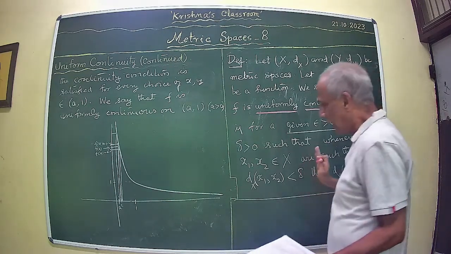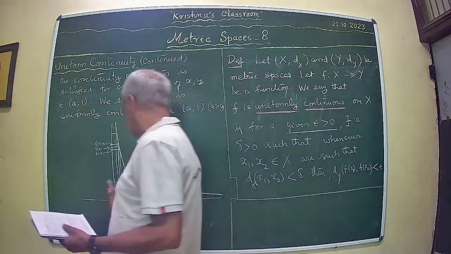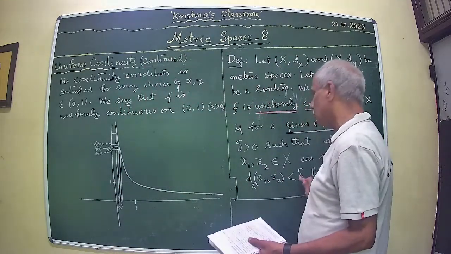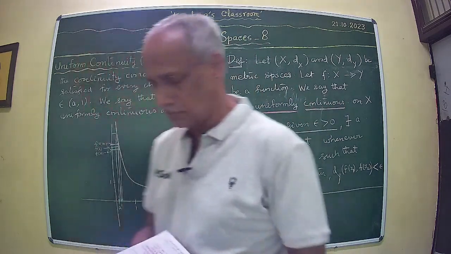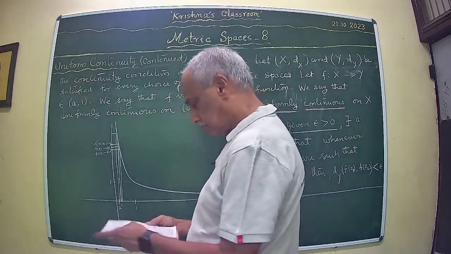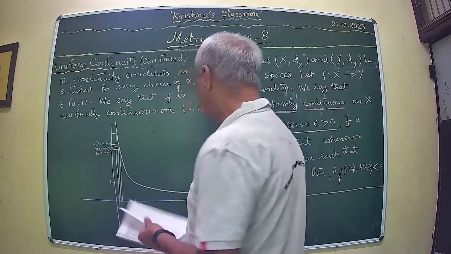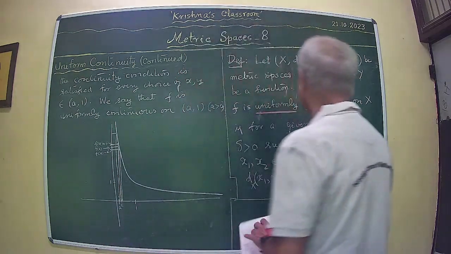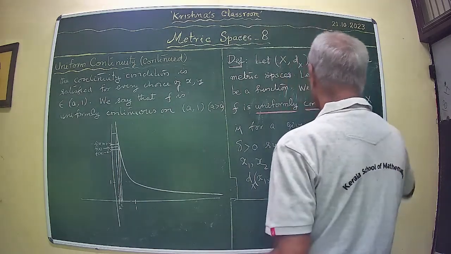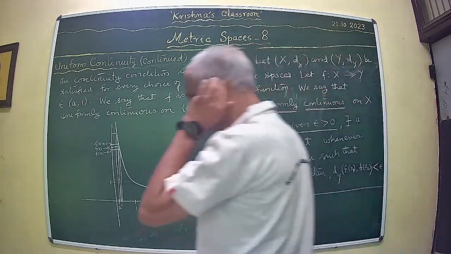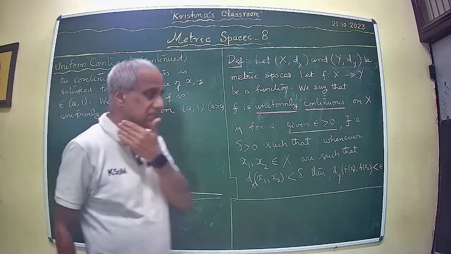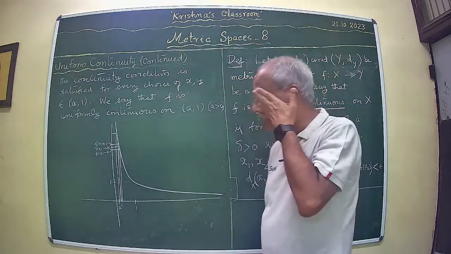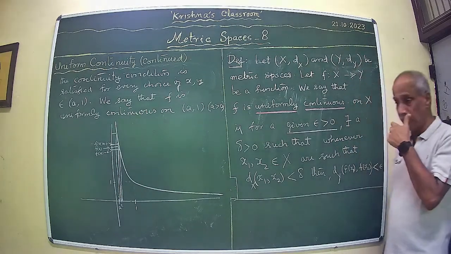And we have seen that as a moves towards 0, this has to be going to 0. That's the problem. So usually to check uniform continuity, what you do is link an estimate of the distance from f(x) to f(y) with the distance from x to y.